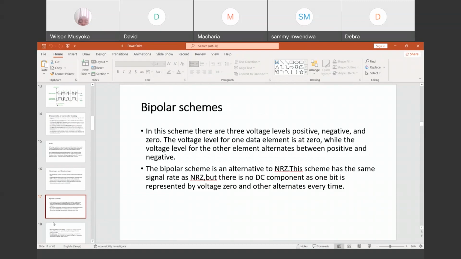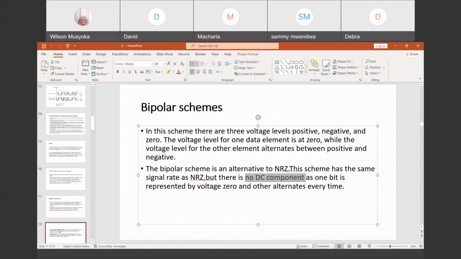The voltage level for one data element is at zero, while the voltage level for the other element alternates between positive and negative. These are alternatives to the non-return to zero schemes, and they have the same rate, only that there is not going to be a DC component.